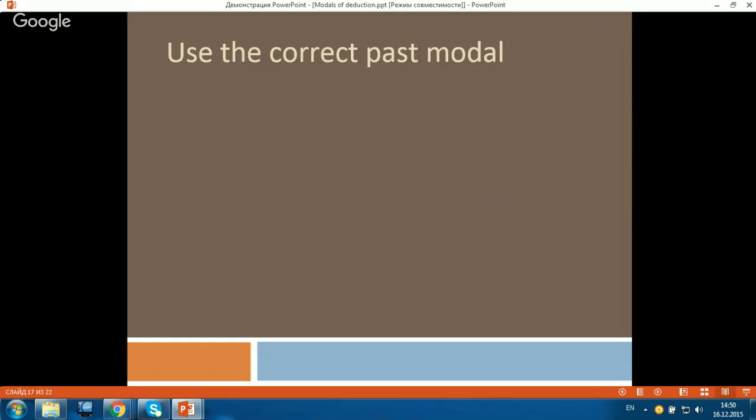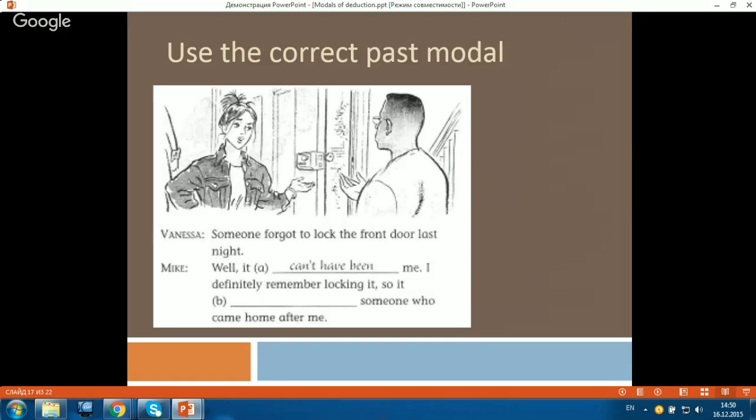Now, guys, we continue. Again, we need to use the correct past modal. Let's study this picture. Someone forgot to lock the front door last night. Well, it can't have been me.